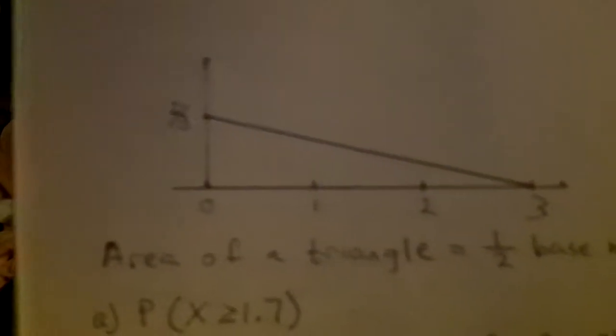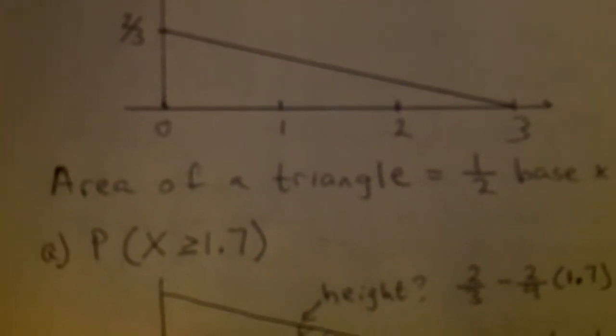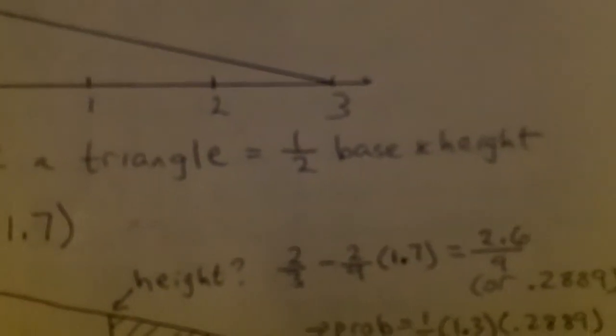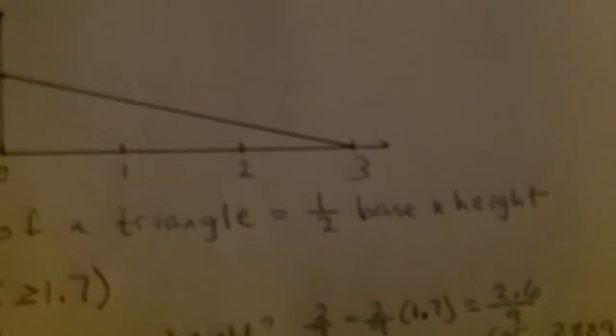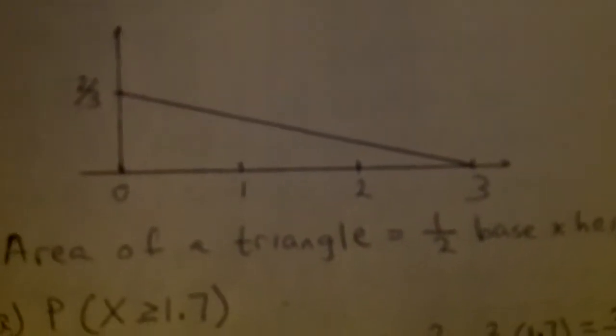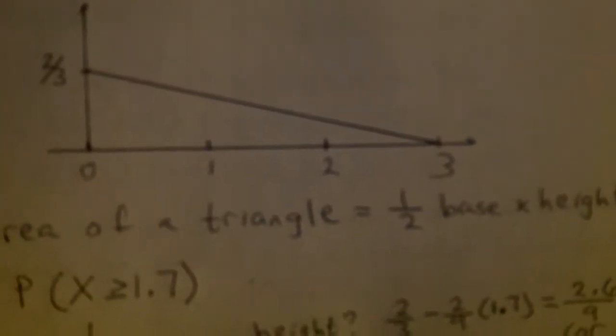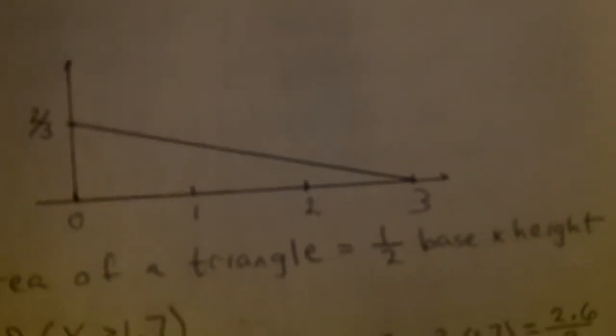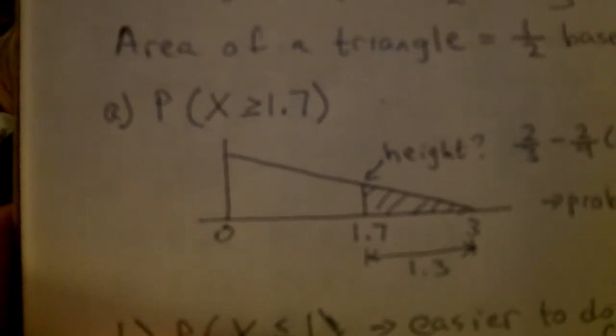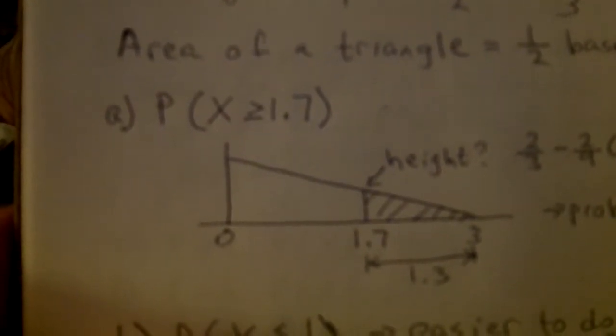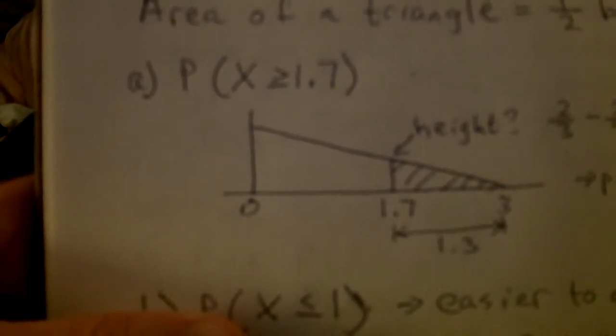Now, I'm sure some of you remember, the area of a triangle is equal to 1/2 the base times the height. So with any of these triangular distributions, we're going to be using the area of a triangle to calculate the probability. In our first case here, we're looking at the probability that x is greater than or equal to 1.7.